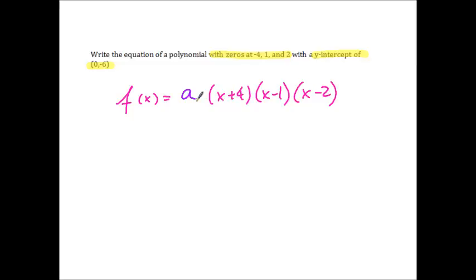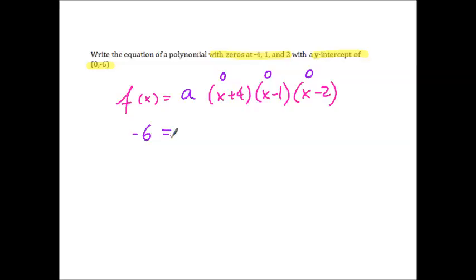Well, let's look at the other piece of information that we had. We were told that this function has a y-intercept at (0, negative 6). So we are saying that if we plug in 0 for x, everywhere we have an x, then the output will be negative 6.